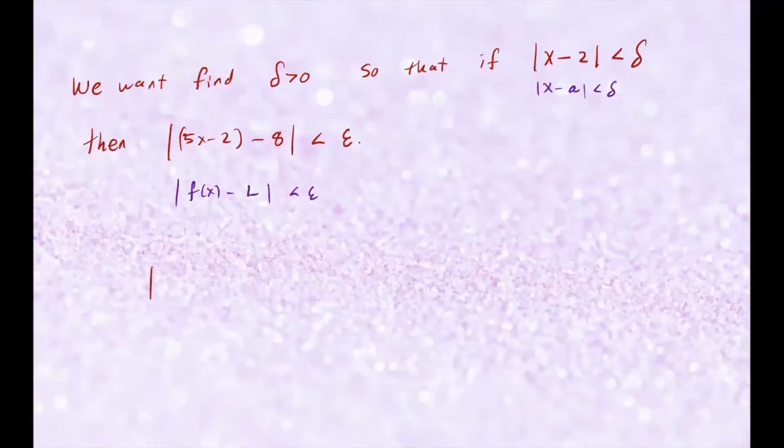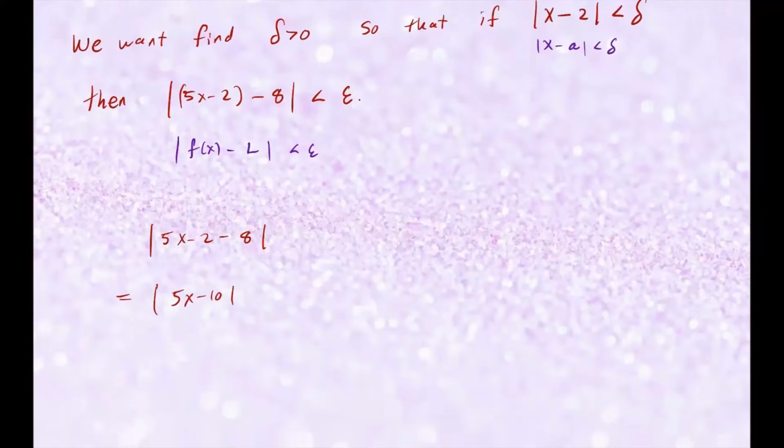We know that the absolute value of 5x minus 2 minus 8 is equal to the absolute value of 5x minus 10. We're just trying to figure out how to find delta. You always start with your final statement and then work backwards. By doing a little more simplification, this is equivalent to the absolute value of 5 times x minus 2.